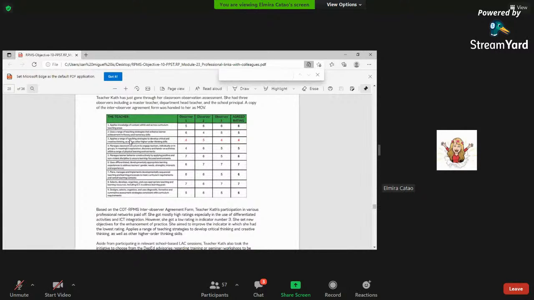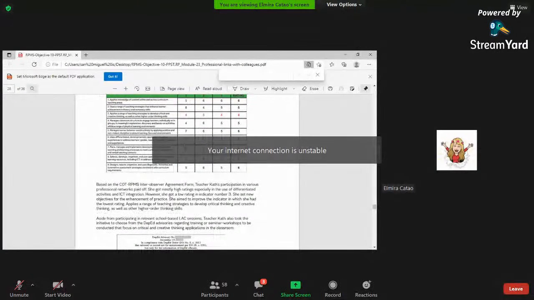So ano ba yung indicator 3? Applies a range of teaching strategies to develop critical and creative thinking, as well as other higher skills.